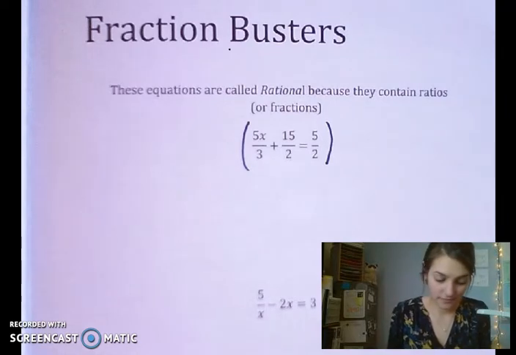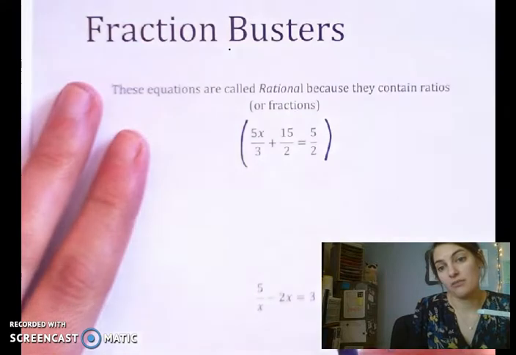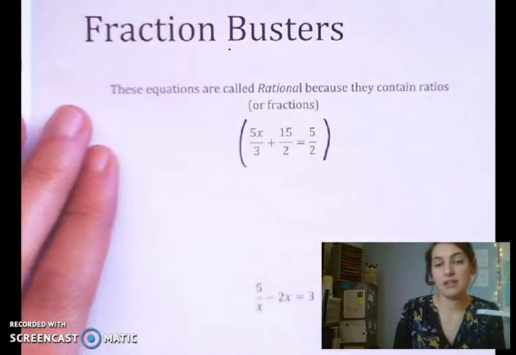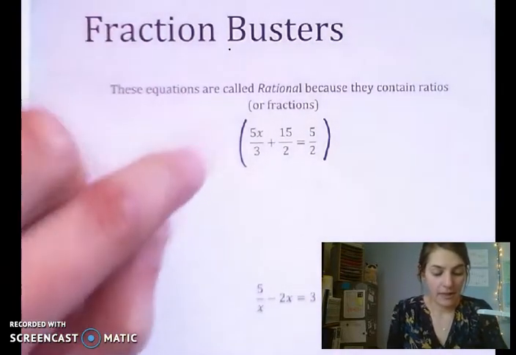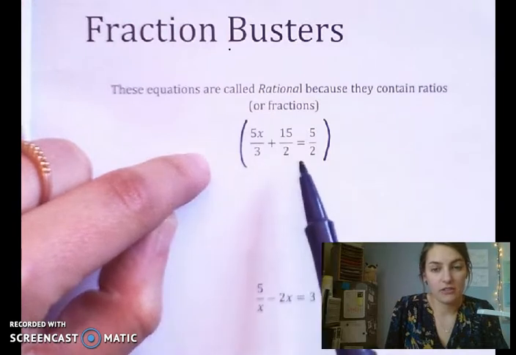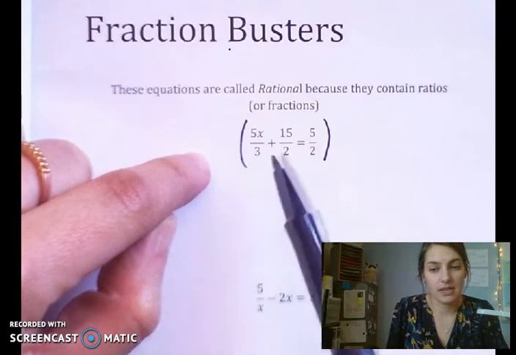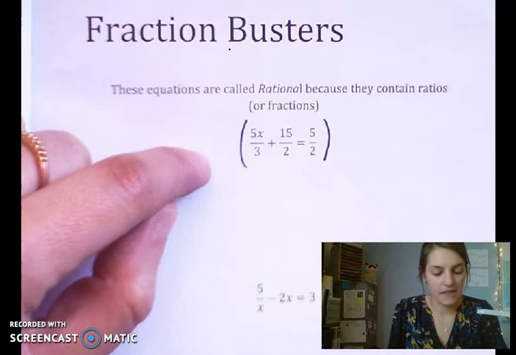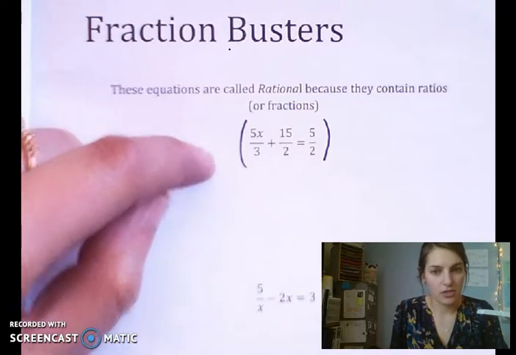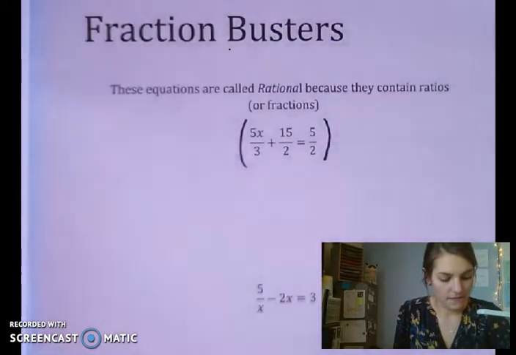Or we could multiply it through one time by 6, because a factor of 6 contains a factor of 3 and a factor of 2, which would allow both the 3's and the 2's to be canceled out at the same time. So I'm going to show you both ways, hopefully.